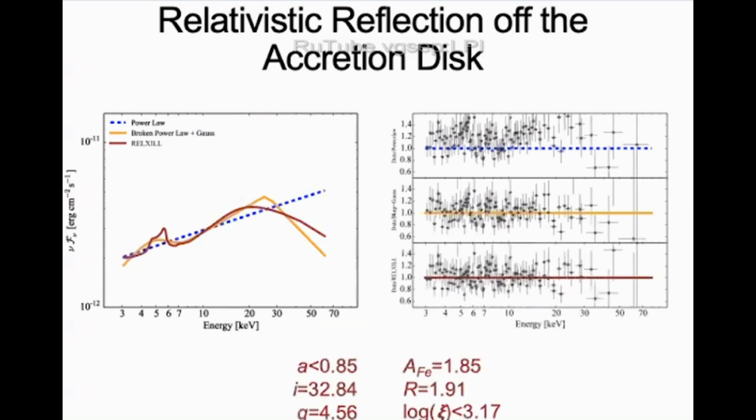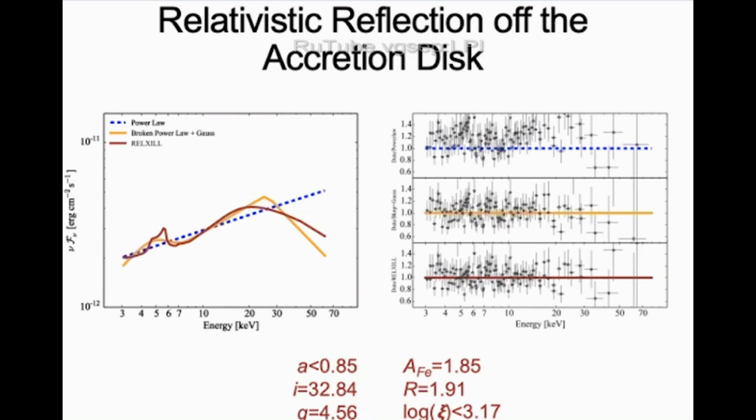And again, if we look at the residuals, you also see that the residuals are nicely flattened out, these that are around 6 to 7 keV, where you actually have the iron line. So this is the model component. We infer an upper limit again for the black hole spin, which is an inclination angle for the accretion disk, which is 32 degrees.